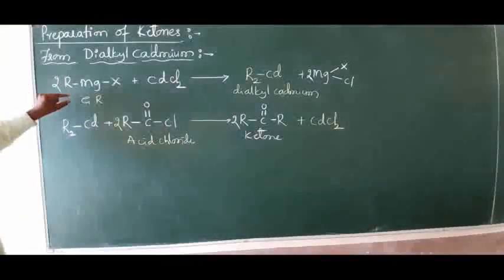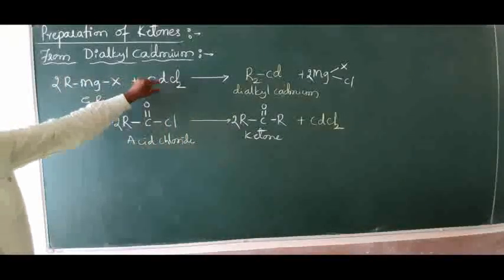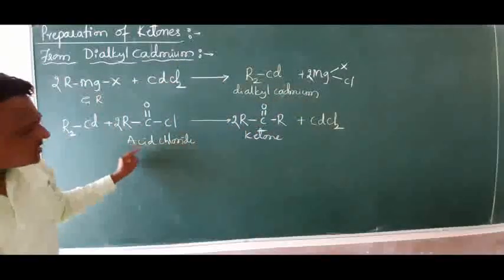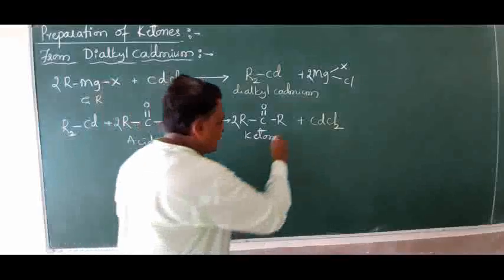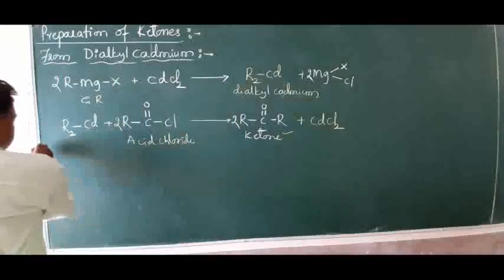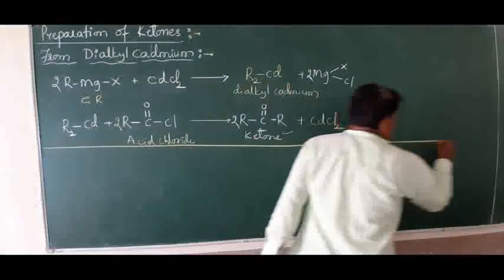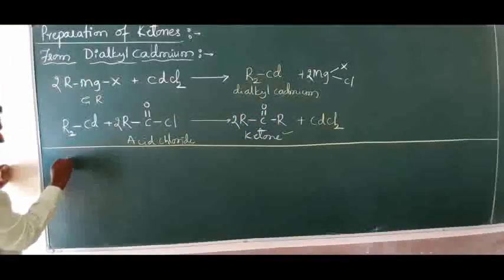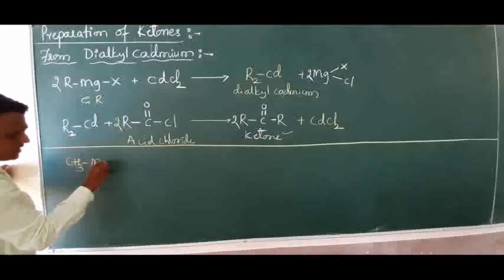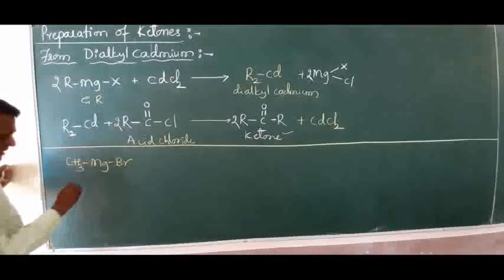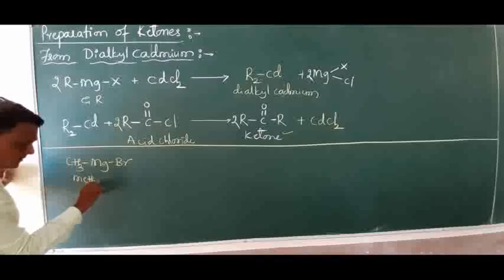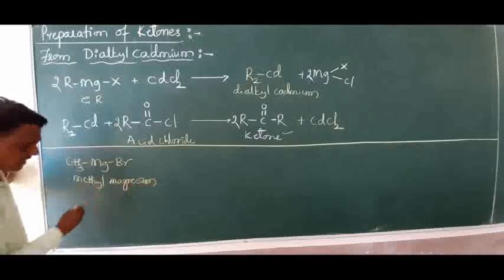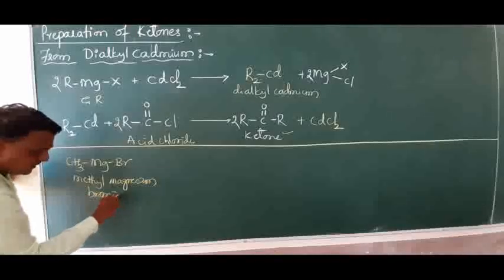I repeat, Grignard reagent reacts with cadmium chloride to form dialkyl cadmium. When this dialkyl cadmium is reacted with acid chloride, it forms our ketone. If you want an example, I will use a direct reaction with an example. Yes, we have a Grignard reagent CH3MgBr, named methyl magnesium bromide.